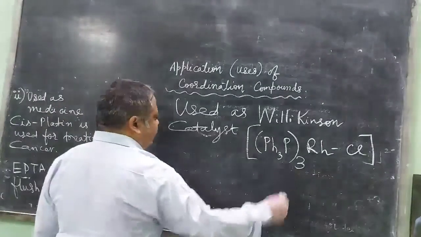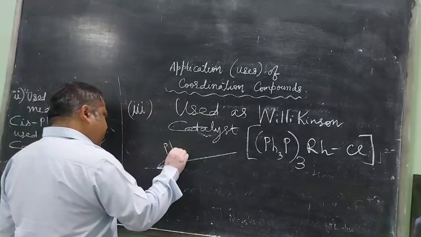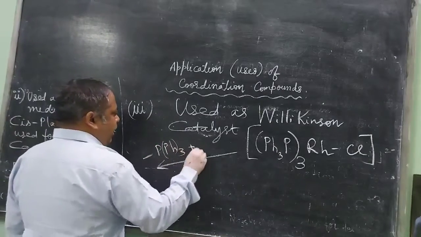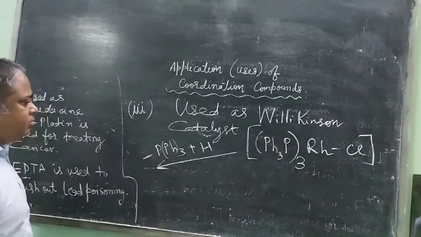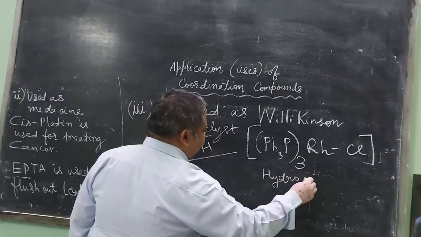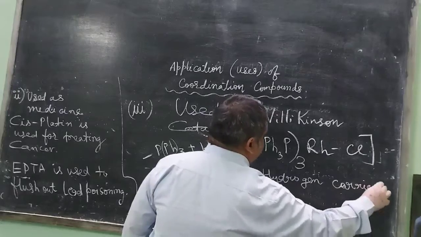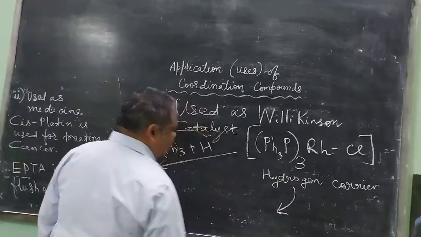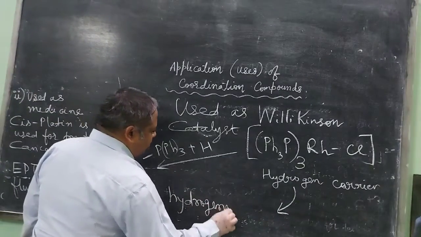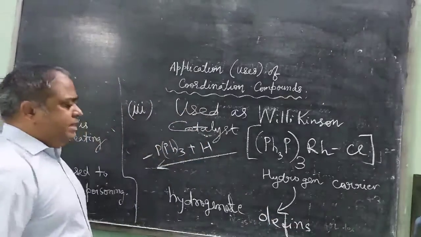It has the ability to give out one triphenylphosphine and add with one hydrogen and acts as a hydrogen carrier. And helps to hydrogenate olefins. Olefins means alkenes.